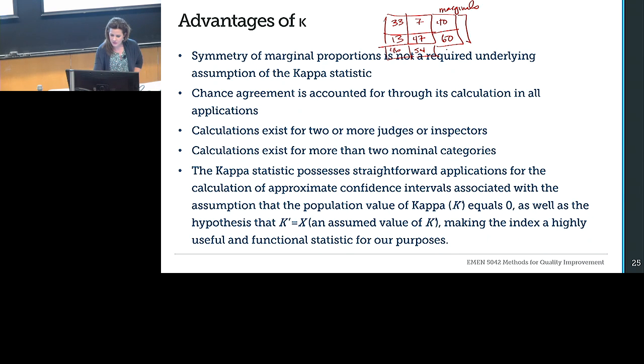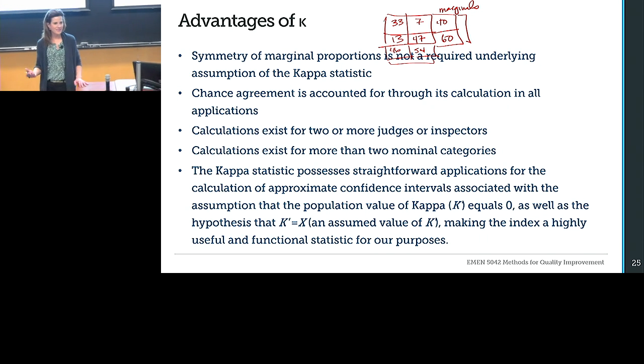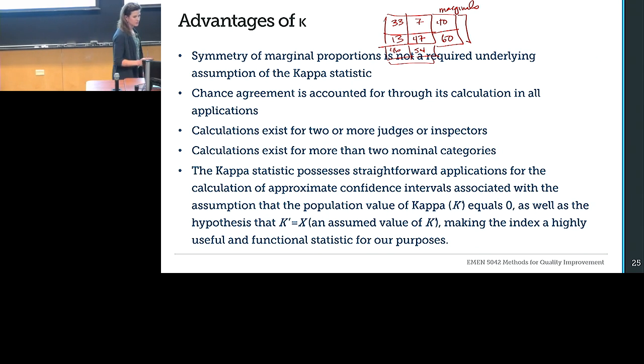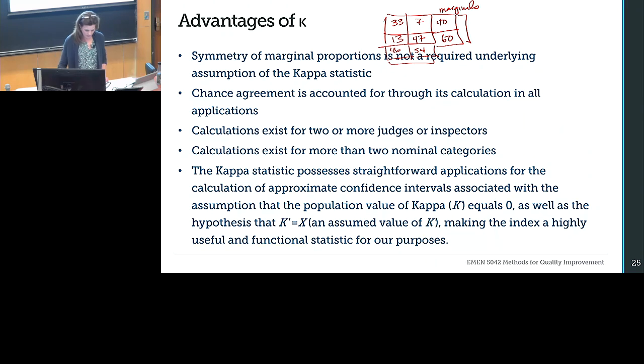There has to be symmetry of these marginal proportions when you're using the chi-square test for it to be considered valid. What's nice about kappa is you don't have to worry about that. It's not one of the underlying assumptions associated with the test.